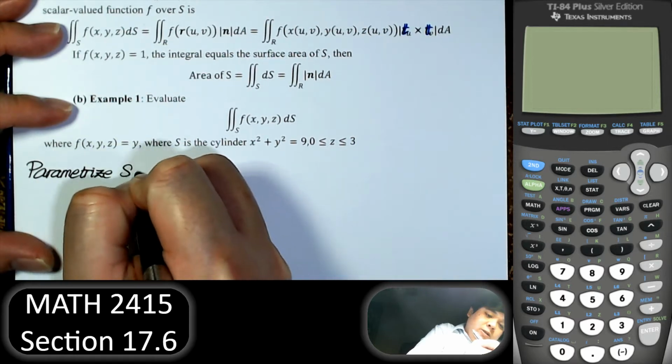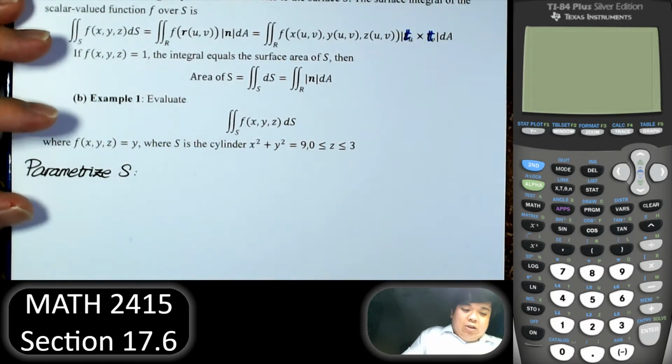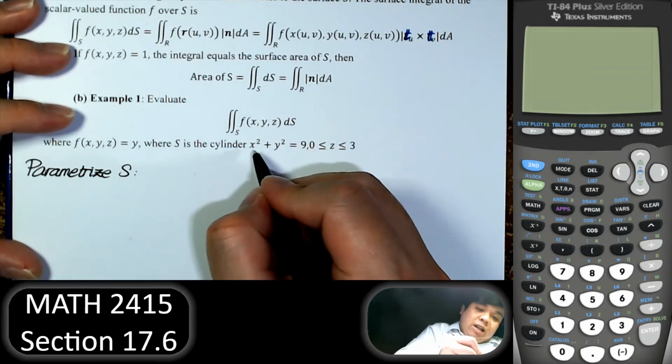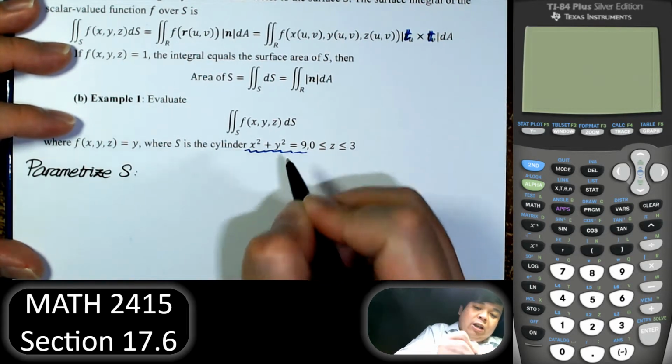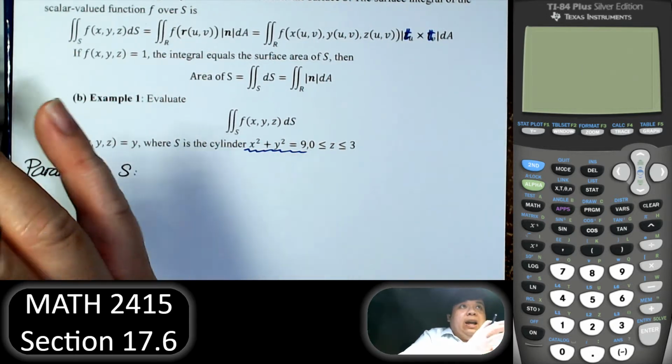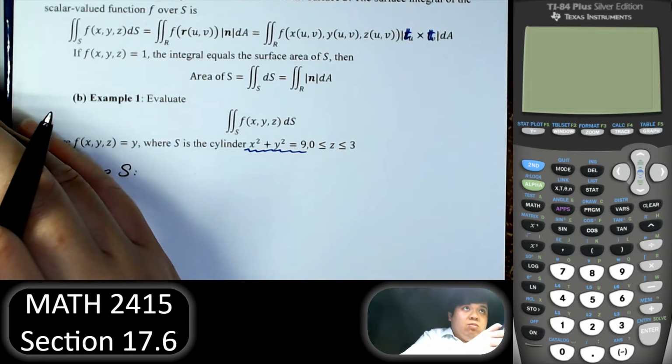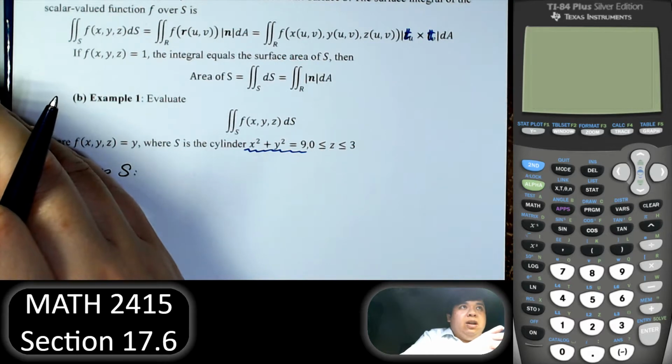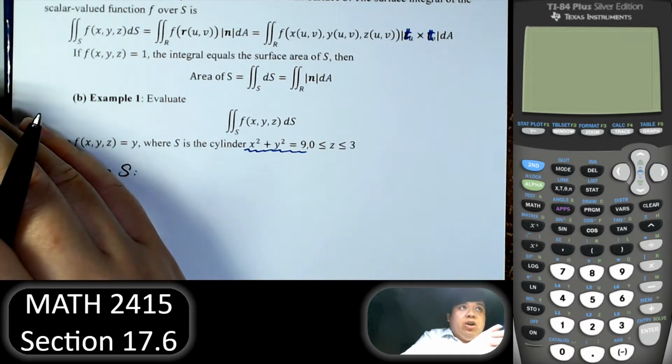Alright, now this is on the cylinder x squared plus y squared equal to 9, meaning that it is on a circle pretty much. A circle, not the interior though, right?